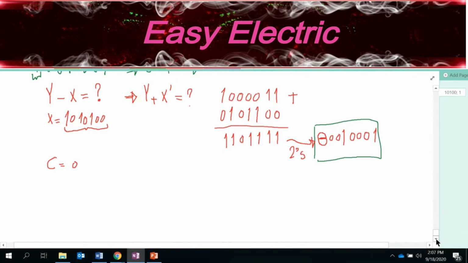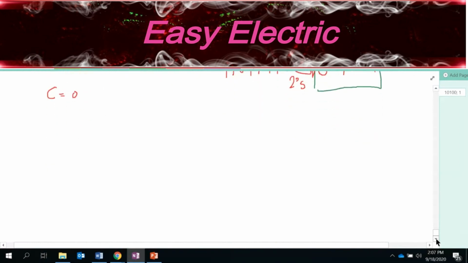So let's finish these topics with just one more example, which is using the first complement. We have again two numbers. One is x, one is y. We have x, which is 1 0 1 0 1 2 0.